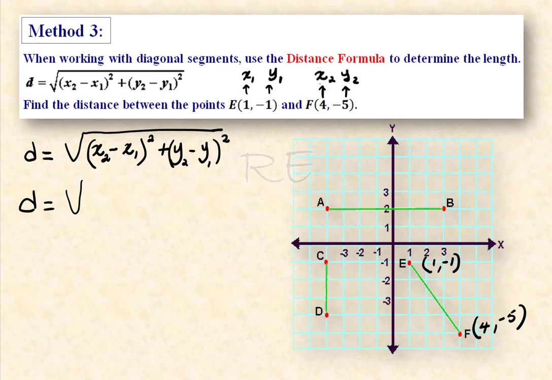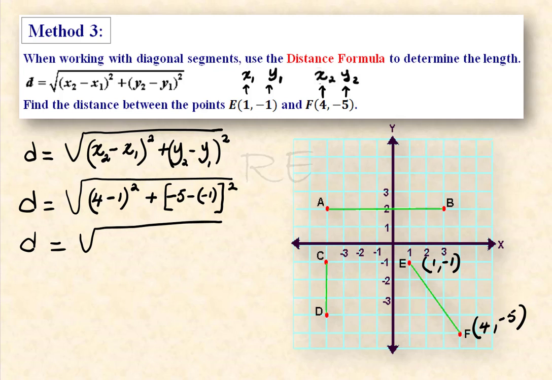And our distance will be equal to the square root of (4 minus 1) squared plus (-4 minus -1) squared. Because we're squaring, it doesn't matter in which order we pick our x1, y1, and our x2, y2, as long as we are consistent and we keep them in the same position.